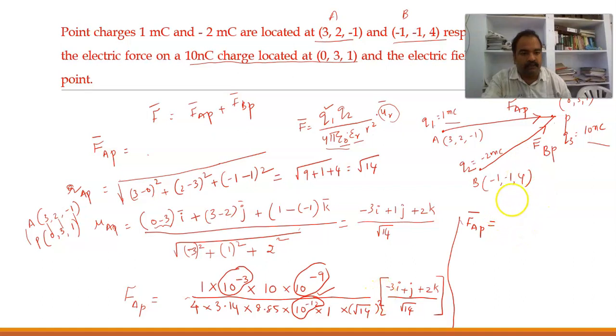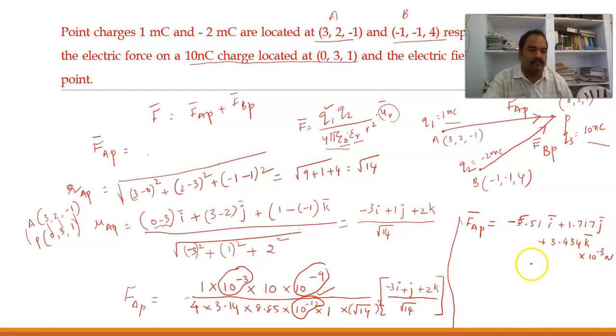So the final answer here is minus 5.51 i bar plus 1.717 j bar plus 3.43 k bar into 10 to the power of minus 3 newtons.